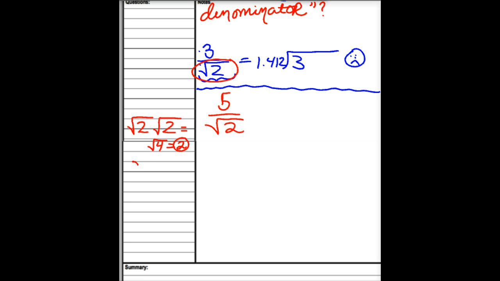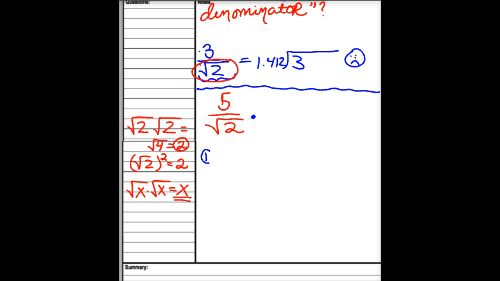Or root 2 times root 2 is root 2 squared. And these are what are called inverse operations. They wipe each other out. So anytime you do the square root of something times the square root of itself, you just get that number back. Root 8 is 8. Root a million is a million. Root 7 is 7.